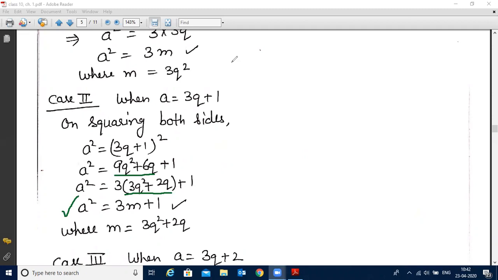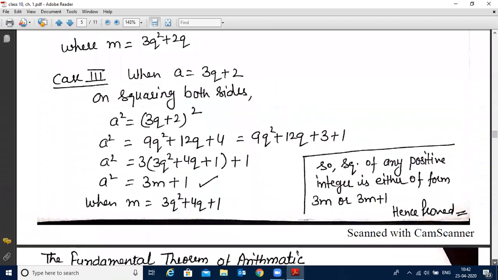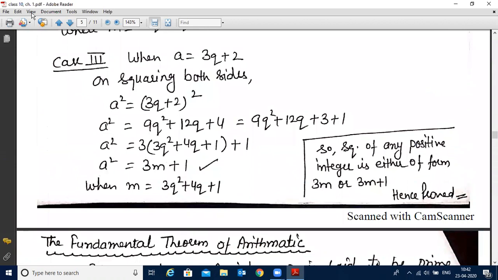So now let us discuss the third case, that is when a is equal to 3q plus 2. Again, when we square both sides, it will become a square is equal to 3q plus 2 whole square. When we open the bracket using the identity, it will become 9q square plus 12q plus 4, and 4 can be written as 3 plus 1. Why have we written it as 3 plus 1?